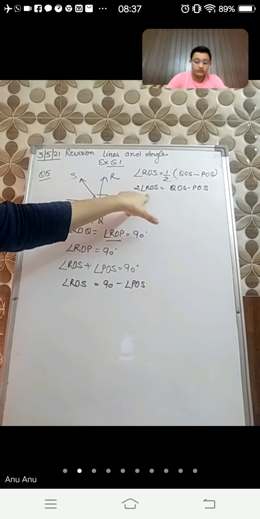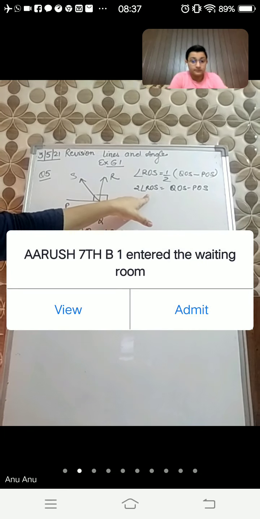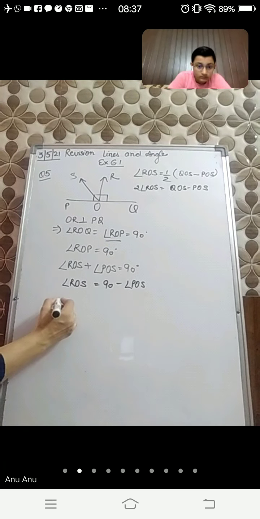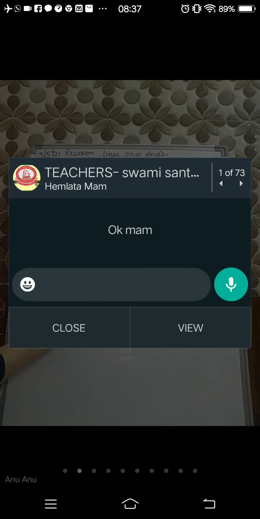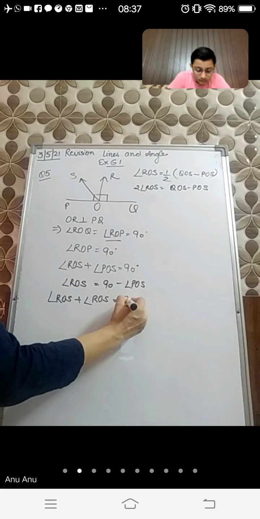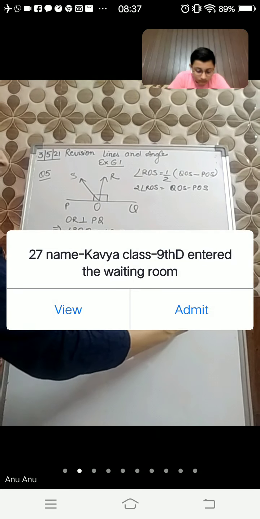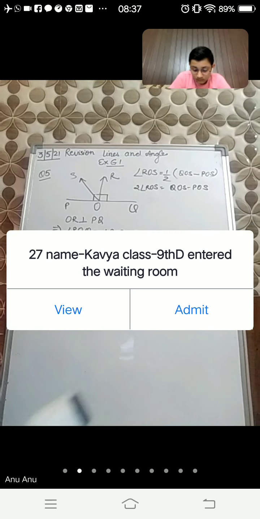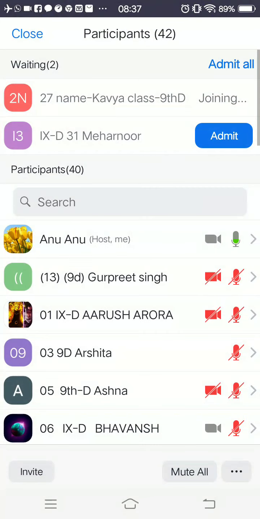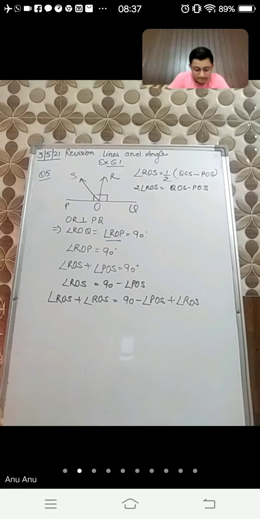Now we need twice ROS here, meaning ROS two times. So let's add ROS on both the sides. ROS plus ROS is equal to 90 minus POS plus ROS. Look at what we did first: this line is perpendicular, so this angle ROP and ROQ both are 90.